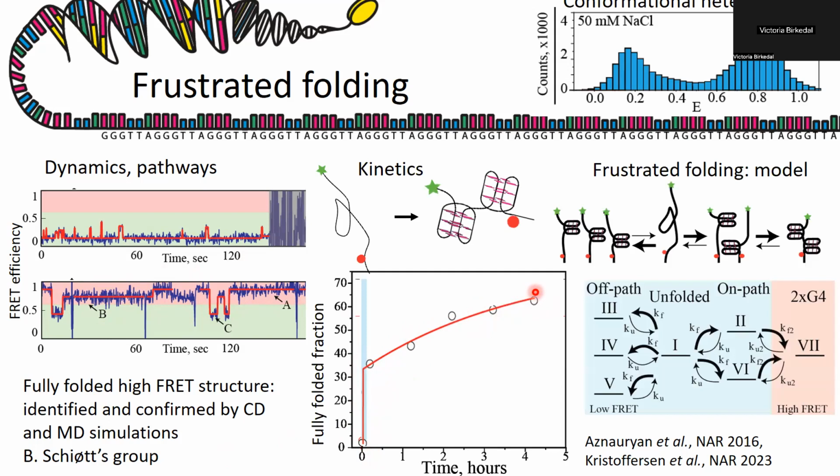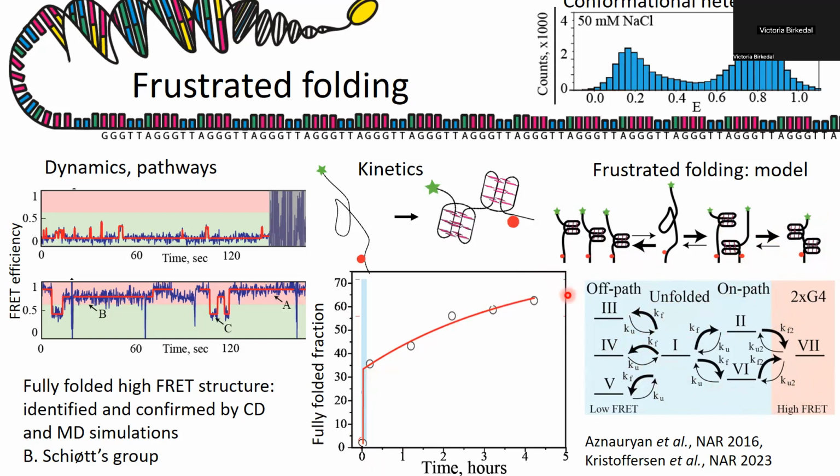And we came up with a model. This is the unfolded one, and then it can fold into many different structures, here or these two, and then this one is the most folded and stable one. We came up with this nice and very complex model to explain our data. These are too many parameters to fit this curve in any reliable way.